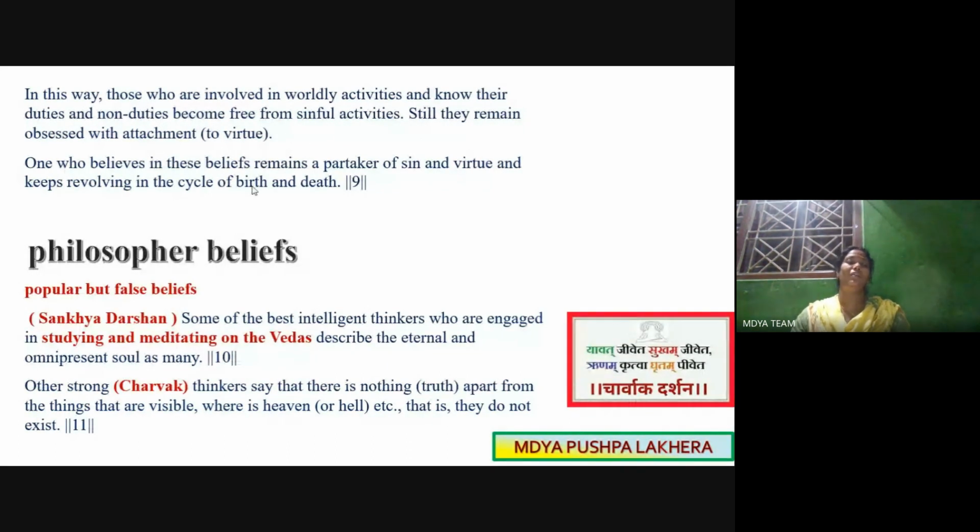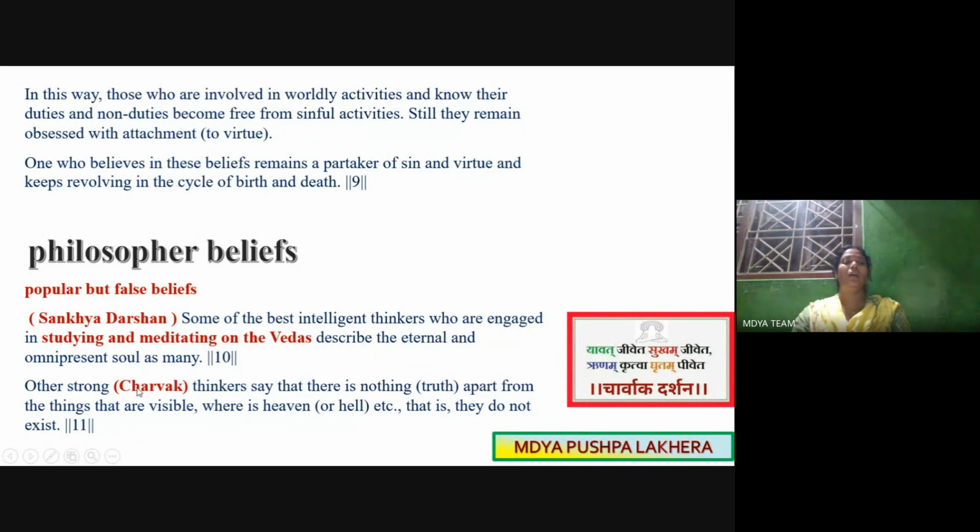First, the definition is given by Lord Shiva. The same thing is continuing with the philosophers. What Sankhya Darshan is telling is that Purusha and Prakriti are there. Studying and meditation on the Vedas describe the internal and omniscient soul as many.